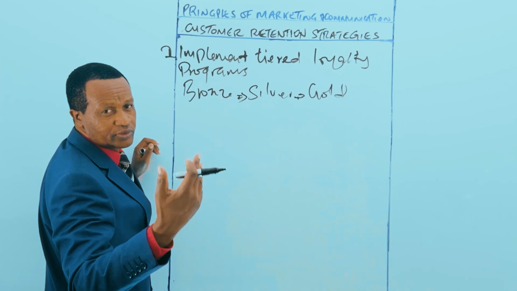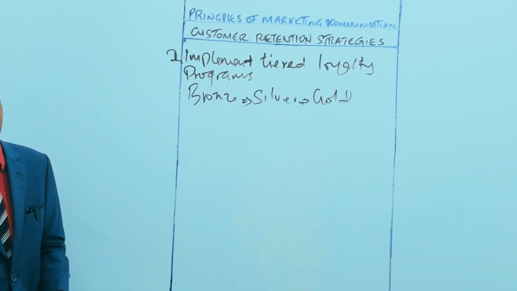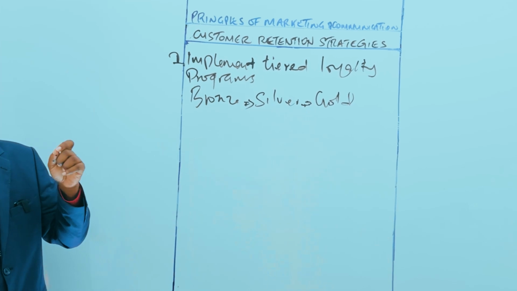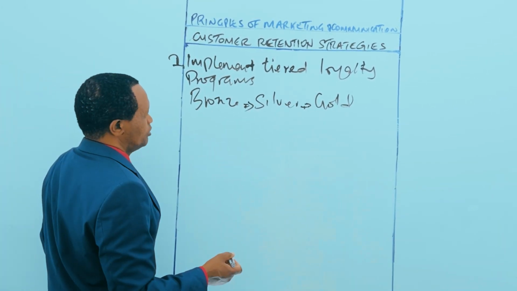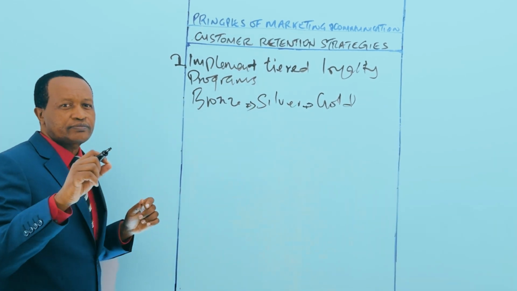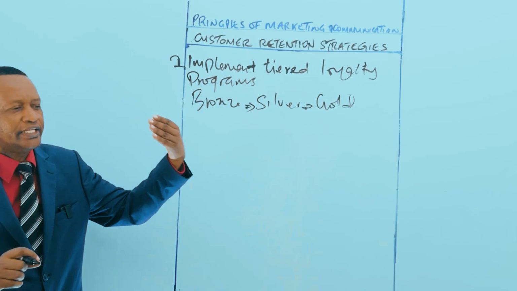And many SMEs today are moving towards that direction. They are moving to what we call WhatsApp integrated bots, where a customer can check their points instantly.